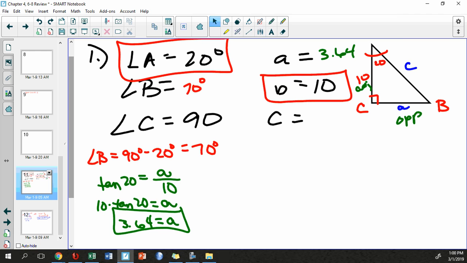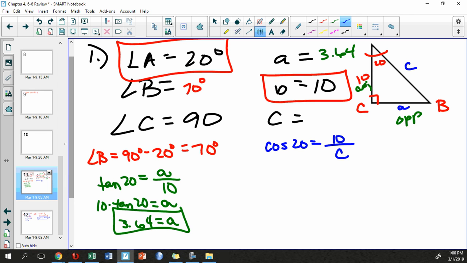Correct? Now, there's multiple ways you can find side C. How do I find side C? Give me one method. She says cosine. Cosine would absolutely work. The cosine of 20 degrees is equal to the adjacent leg, which is 10, over the hypotenuse, which is going to be C. What's another way you could have used? Pythagorean theorem, it's a right triangle.